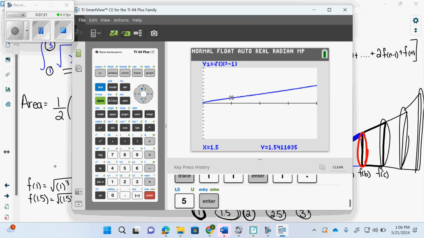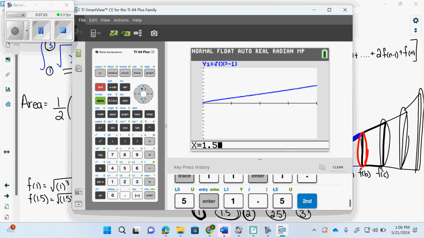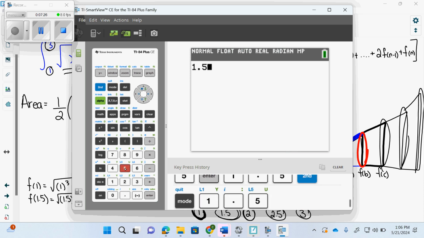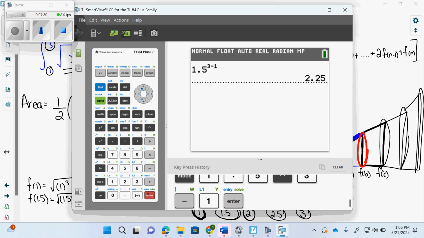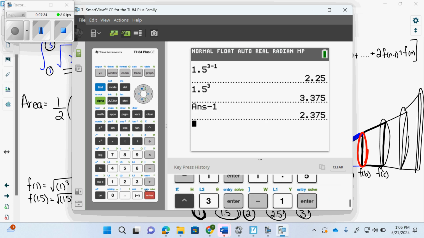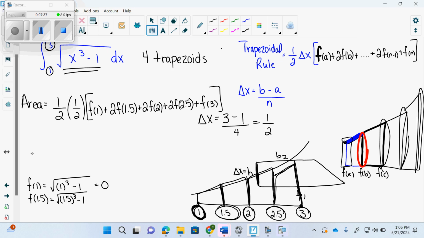So 1.5 cubed minus 1 is 2.375. So I have the square root of 2.375, and that's what I'm going to keep, because if I take the decimal that I found before with the value, I'm rounding it, correct? And when are we allowed to round? At the very last step. That is it. Yeah.